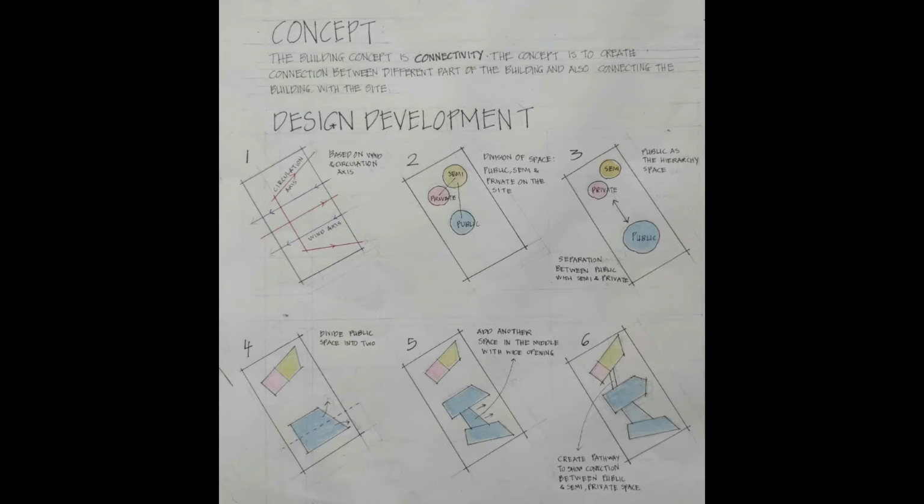The next step is changing these three spaces into geometrical form by considering the site contexts such as wind and sun-based aspects. The design continues by dividing the public space into two parts and adding a new geometrical shape between it with a big opening to enhance the view.